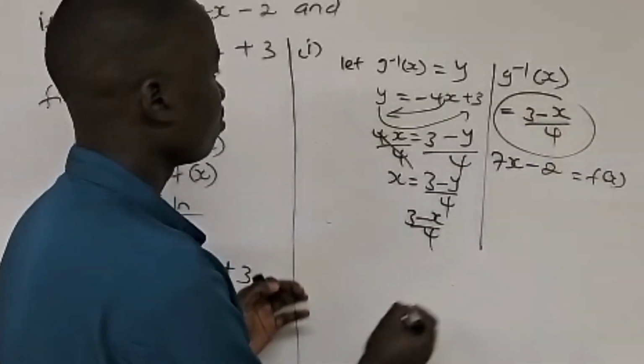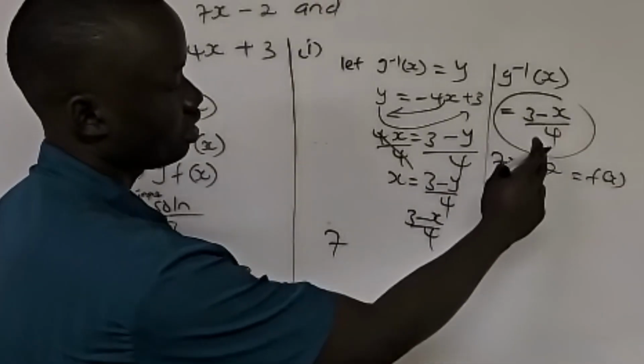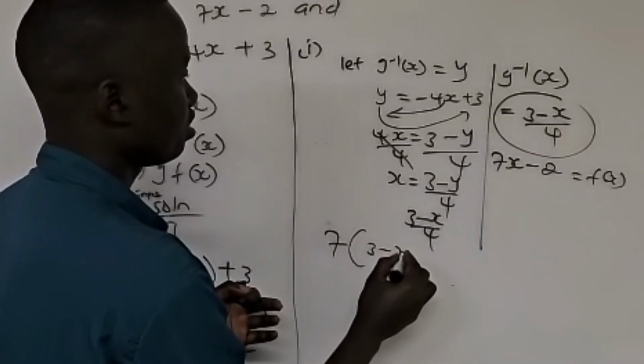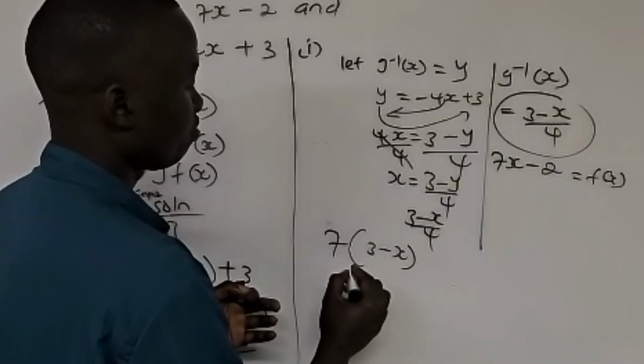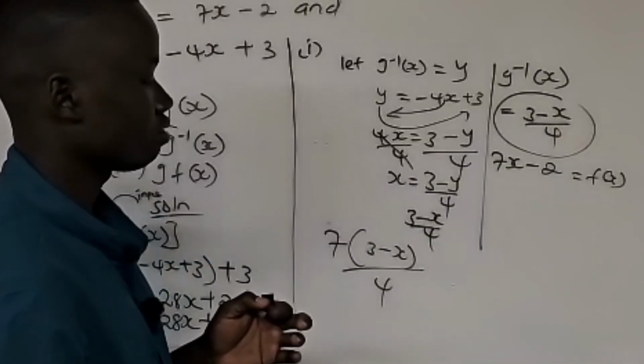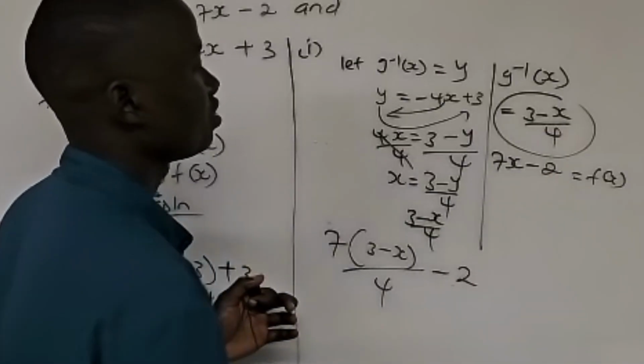So we are going to have 7 times, instead of writing x, you just put 3 minus x over 4, then minus 2.